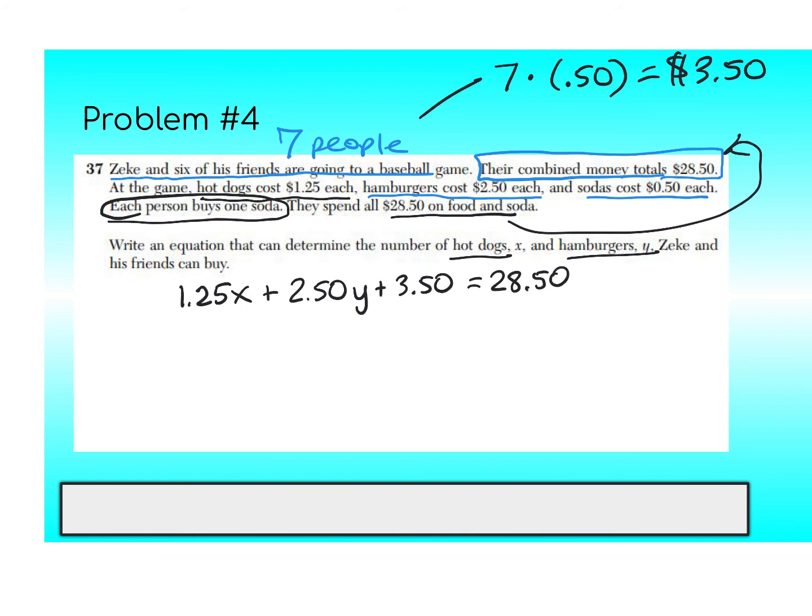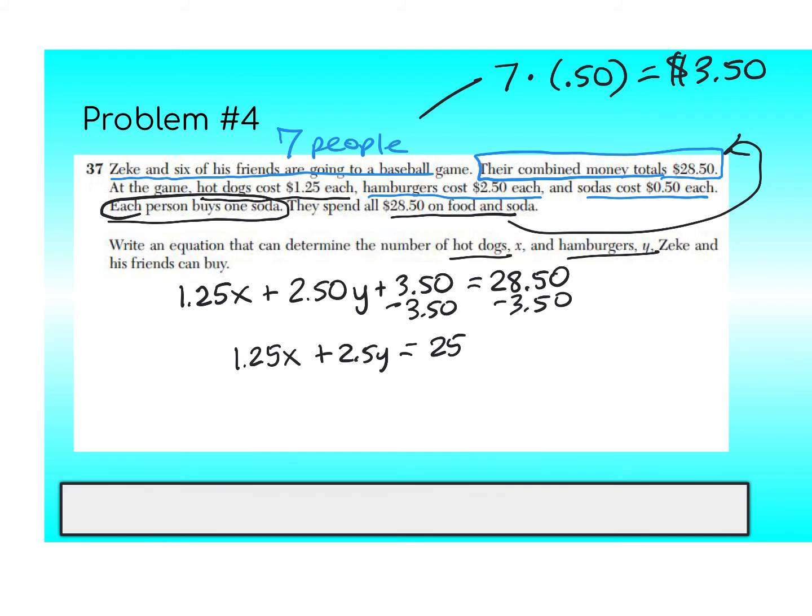You could clean this up a little bit by moving your $3.50 to the other side, or never including it in the first place and just writing this equation, $1.25x plus $2.50y equals 25. Okay, dropping off your decimals, that's totally okay.